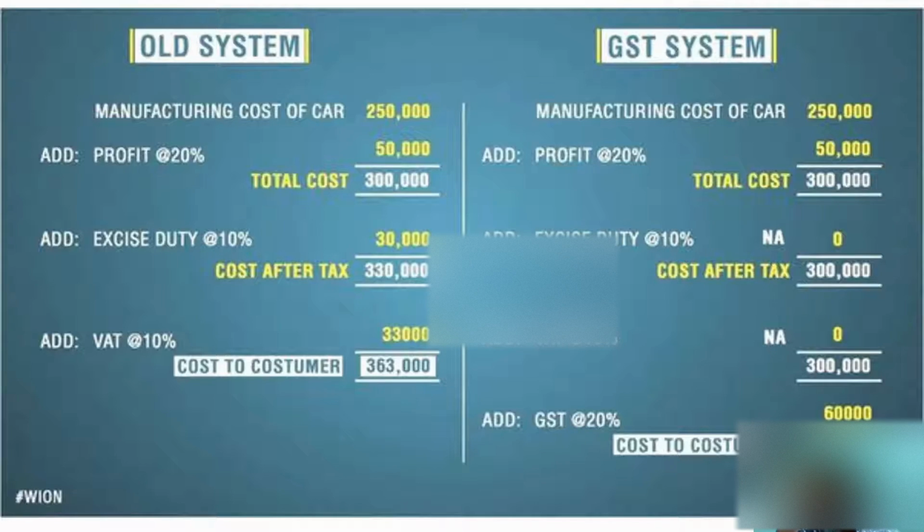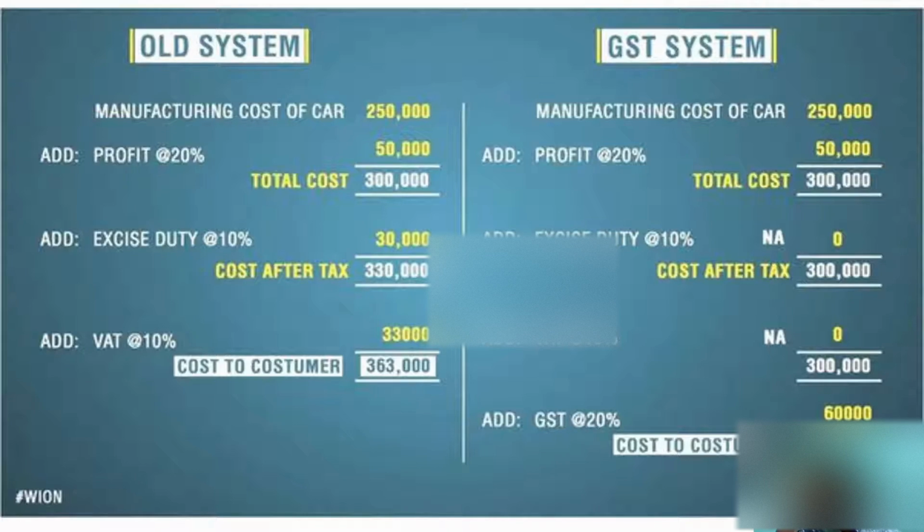Look at this example where we have the tax structure that was there before implementation of GST. Think of this: before implementation of GST, the cost of manufacturing a particular car is somewhere around 2,50,000 rupees.